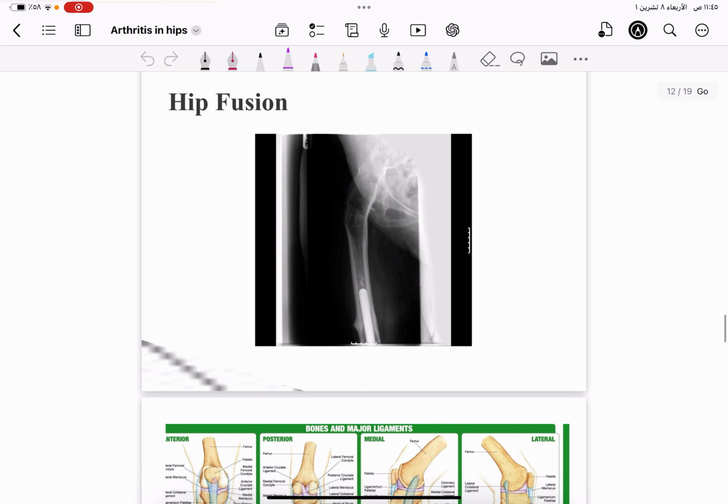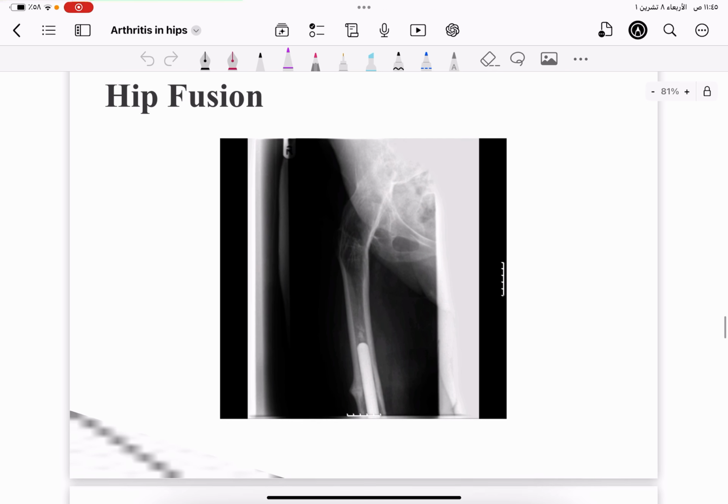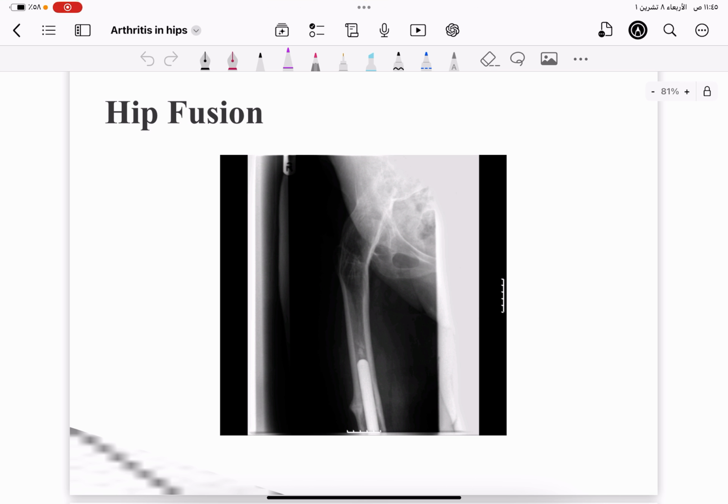This is what we told you about arthrodesis. I treated this woman, she was 75 years old, and her hip was fused when she was a child. She had TB and they did a fusion.